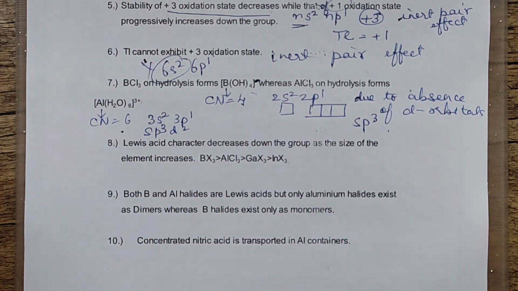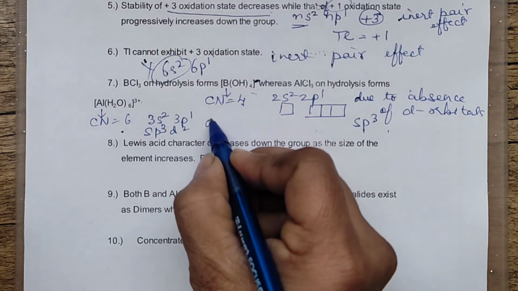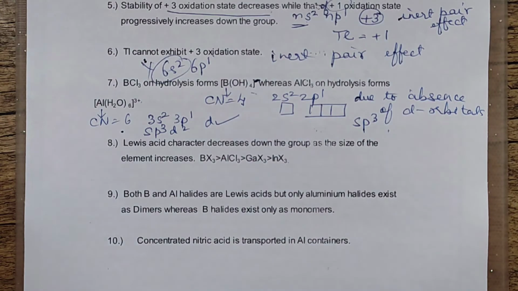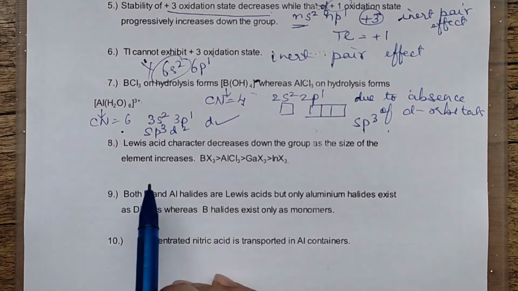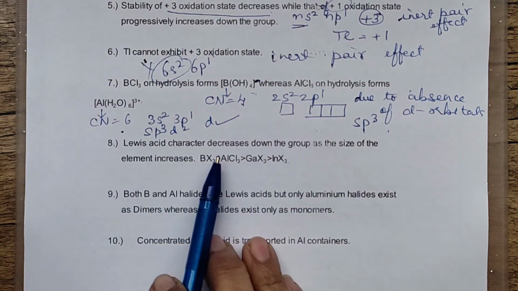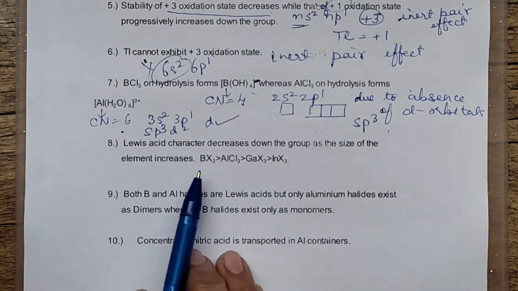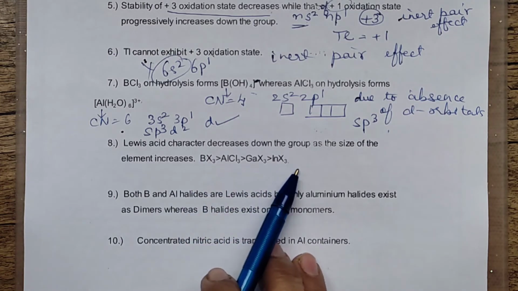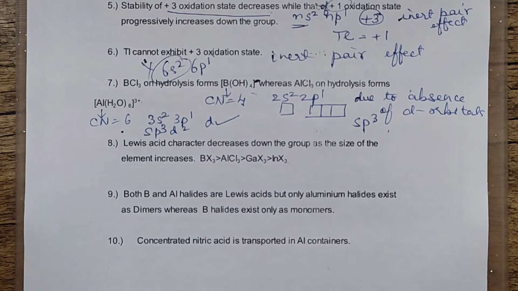This is tetrahedral. So aluminium has d orbitals, wherein boron doesn't have d orbitals. So due to the absence of d orbitals, boron cannot have a coordination number more than 4. Aluminium can have 6. All other elements can have 6. Lewis acid character decreases down the group. That means the halogen is same, the central element is changing.